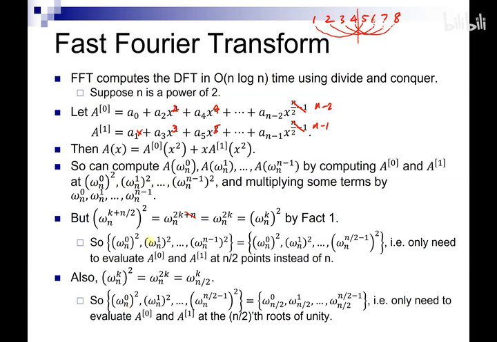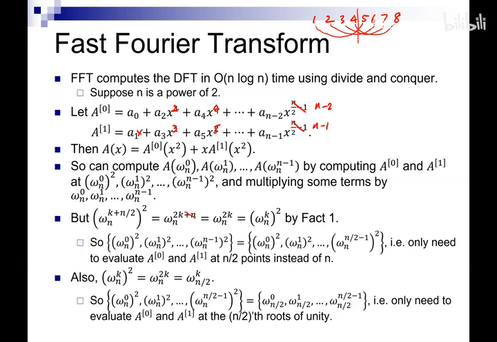So we've already said that instead of there being n different values, there are in fact only n over 2 different values. Each one of these values is not just an nth root of unity squared, it's actually equal to an n over 2nd root of unity. There are only n over 2 of the n over 2nd roots of unity, so this set of numbers is exactly equal to all of the n over 2 roots of unity.